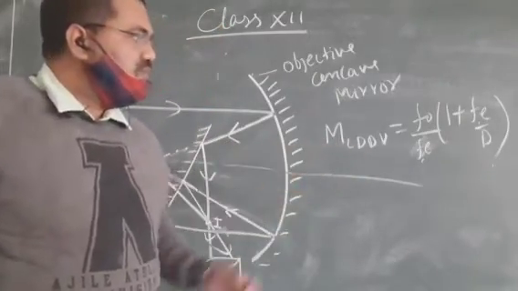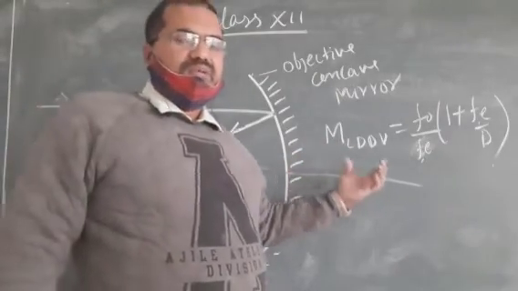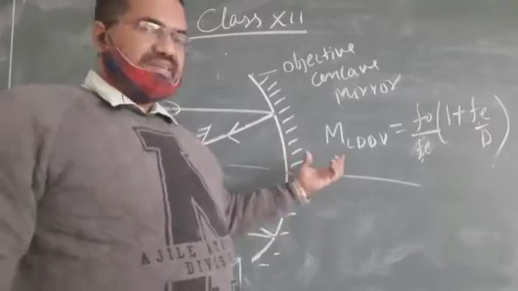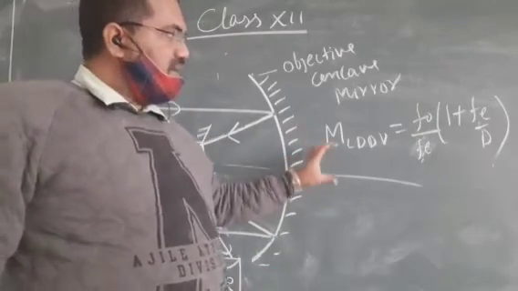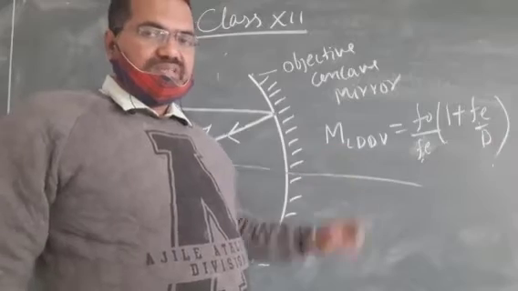This is the magnifying power when the final image is formed at the least distance of distinct vision. This is the strained eye case, where your eye takes strain, because maximum magnification is formed at this position.